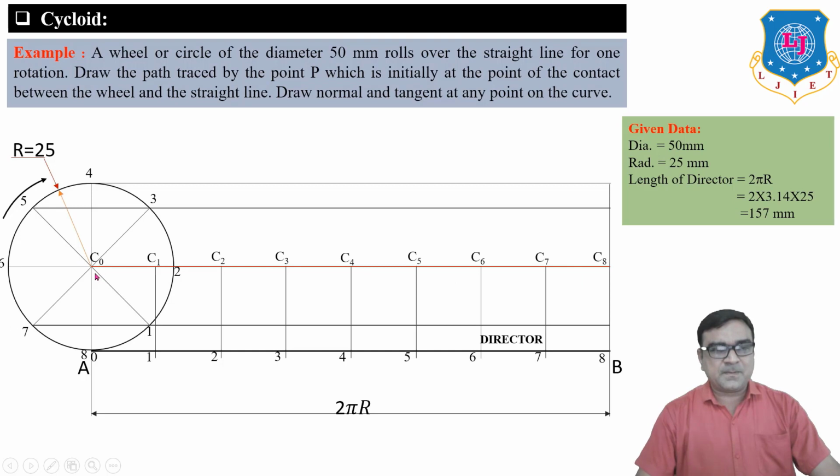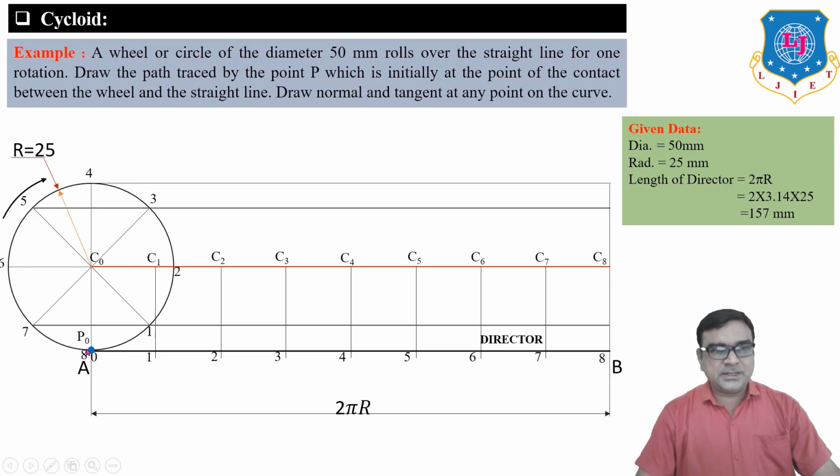C0 is the initial position of the center of the circle, the starting position. When the circle rolls 45 degrees, then the center of the circle will be C1. Similarly, for the next 45 degrees, the center of the circle will be C2. And after one revolution, the center of the circle will be C8.